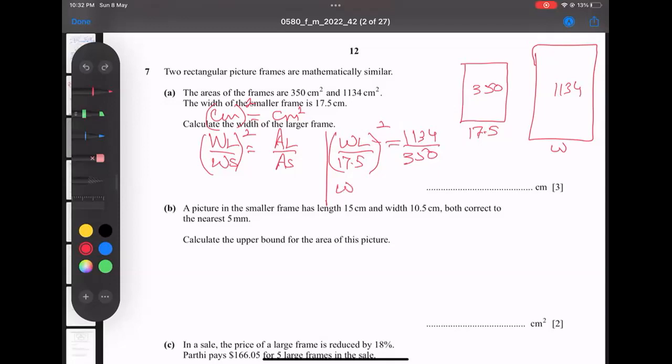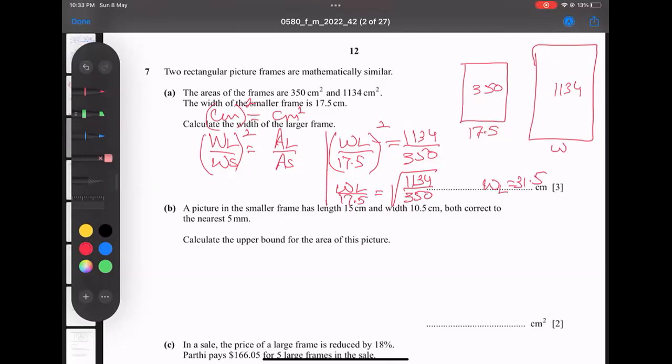Then 17.5 will multiply that. I type it all together: 17.5 times the square root, and the answer becomes 31.5. So the width of the larger is 31.5 centimeters. This idea is very clear.